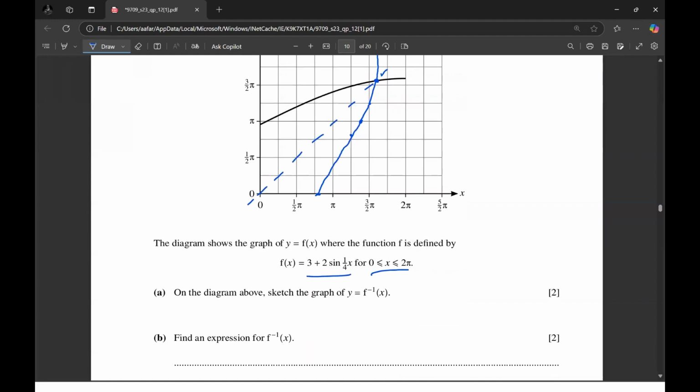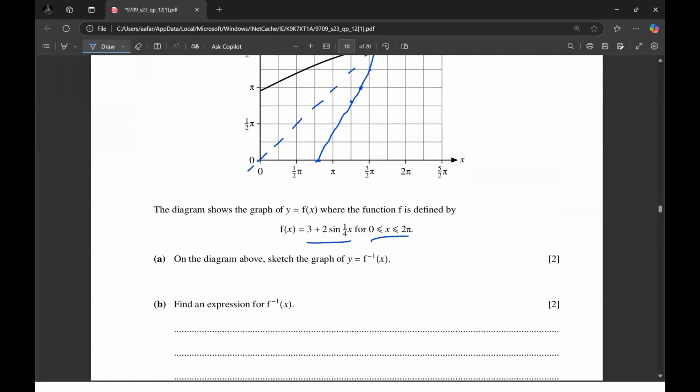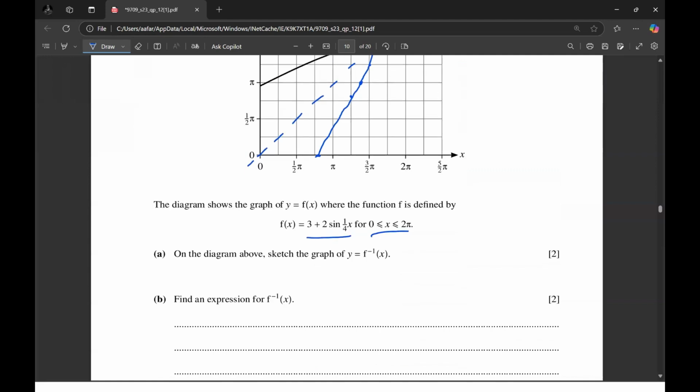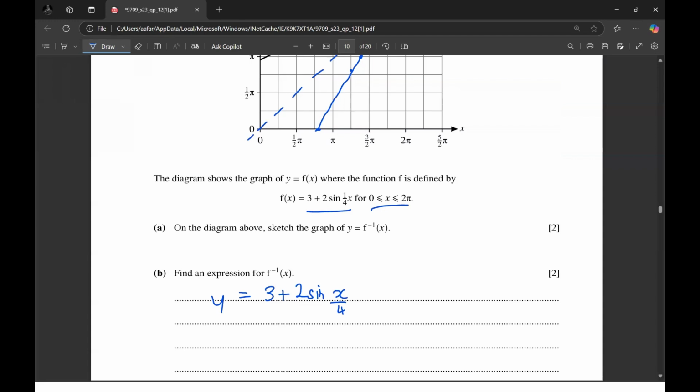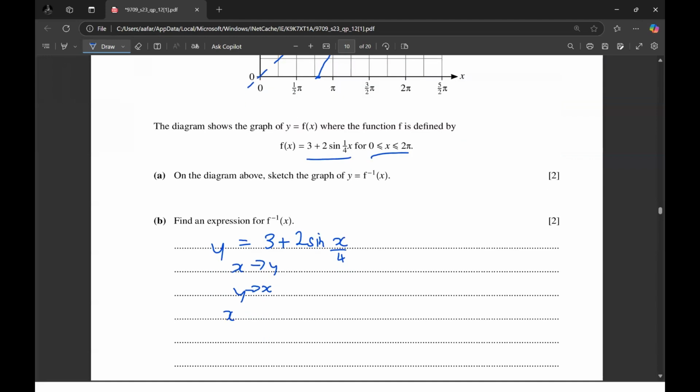Find an expression for f inverse of x. What we do is write the initial expression as y is equal to 3 plus 2 sine of x over 4. And now what we do is exchange the values of y and x. So we say x is equal to 3 plus 2 sine of y over 4.